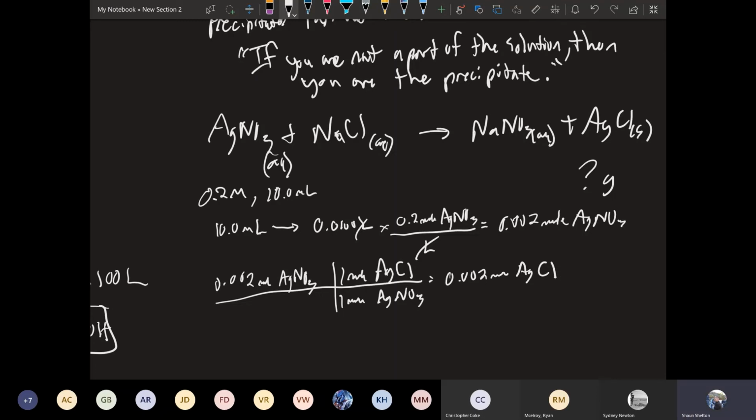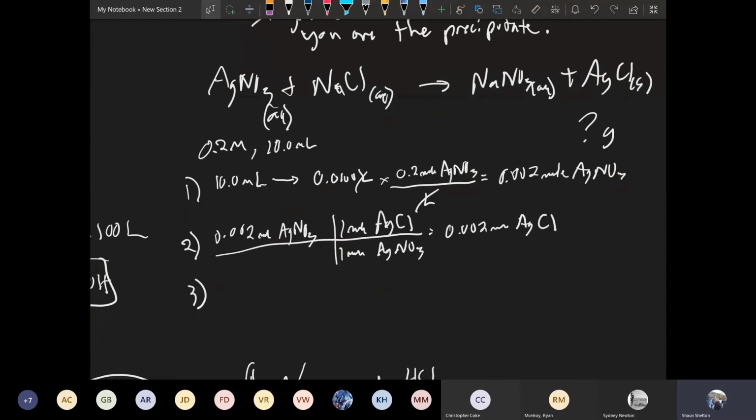All right. So step 1, step 2, and step 3. Now this is our final step, because all we have to do now is convert our moles of AgCl into grams of AgCl. What we need to do is calculate the molar mass of AgCl. So I'm going to look at the molar mass of Ag real fast.